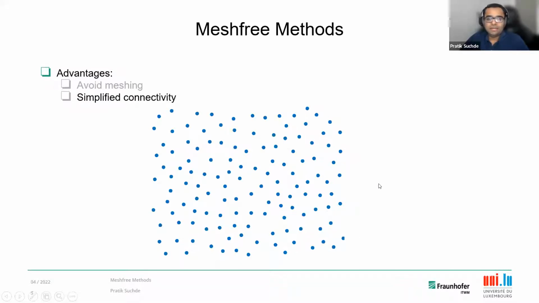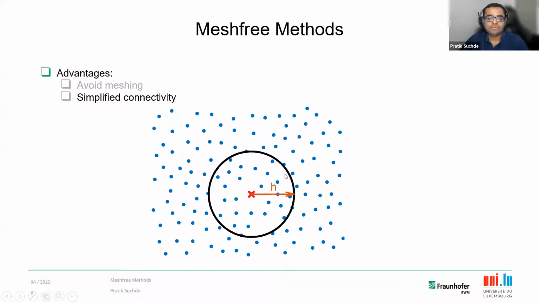Now, a second big advantage in mesh-free methods is that connectivity is much simpler. I do not need to store proper connectivity as you would in a mesh. All you need is, for every point, a set of neighbors or a compact support over which you will perform all discretizations.